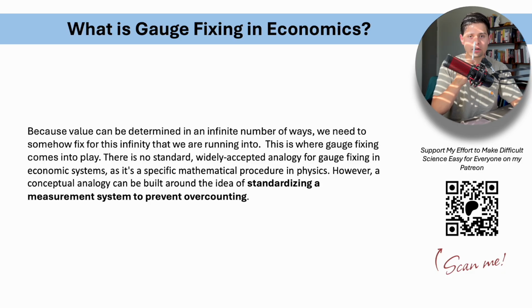Let's choose, in an economic system, one standard, right? The US dollar, for example, is the one standard. We're fixing the gauge. We're fixing the way we measure things here, okay? That's what it means to gauge fix. So we're fixing the way we measure this. We're measuring this in inches, and that's it, okay? That's what gauge fixing is going to do, okay?